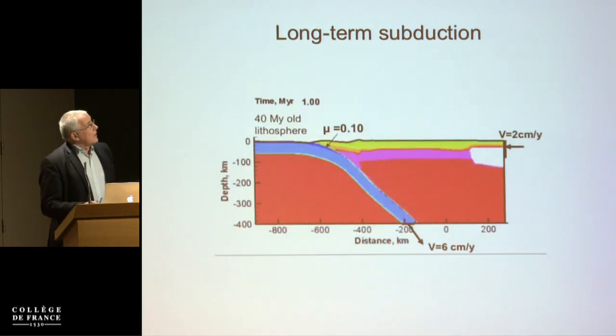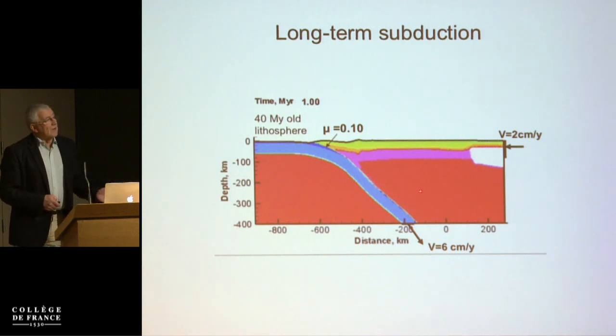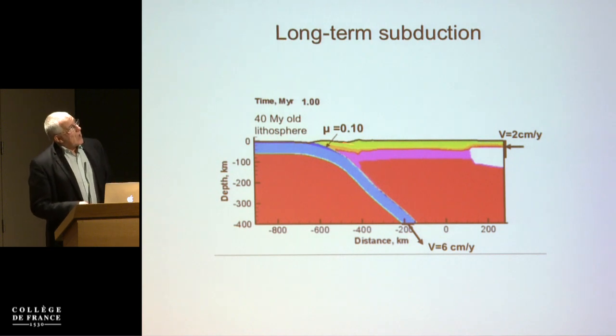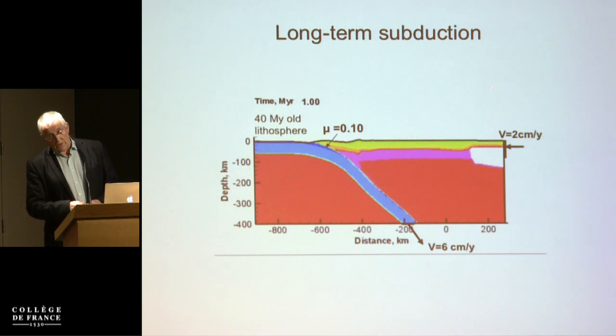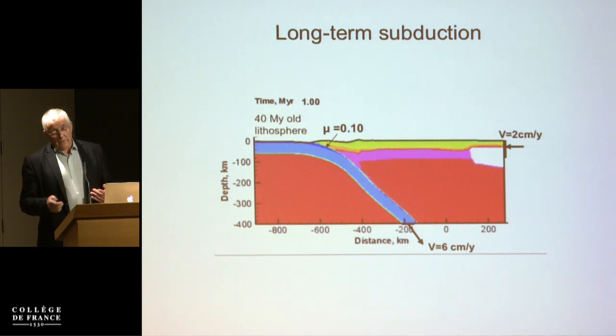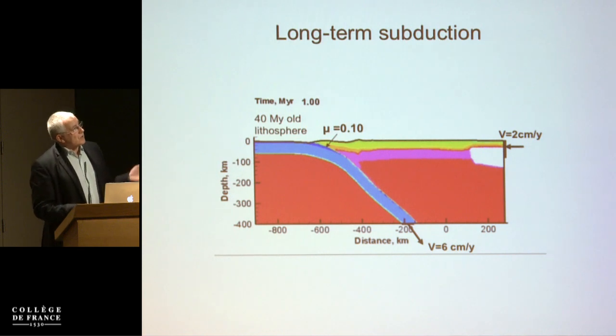Okay, now this is what I am going to show you, what is happening with a slab if you pull from below and you put just a 0.1 friction coefficient here. It's quite low from the point of view of experimental data. So this is 40 million year old lithosphere coming in, with full realistic rheology, parameters taken from experimental data, temperatures and so on.